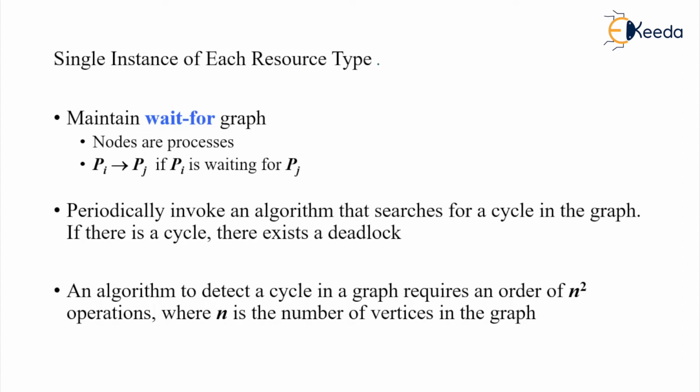If you have a single instance of each resource type, we have already seen that we can detect a cycle.